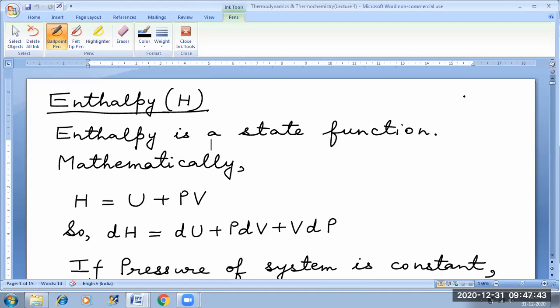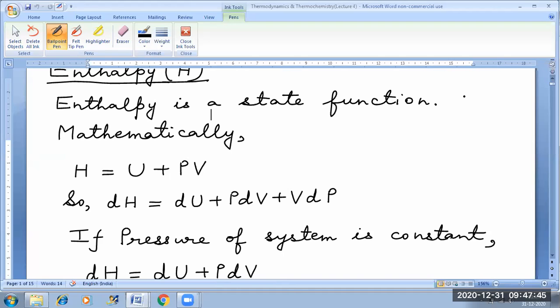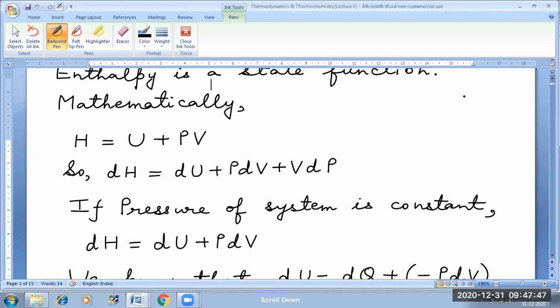So enthalpy is H, capital H. Mathematically, enthalpy is defined as U plus PV, where P is pressure and V is volume. Capital U is the internal energy of the system. So H is equal to U plus PV is the definition mathematically. If I take derivatives on both sides, I'll get dH is equal to dU plus PdV plus VdP.